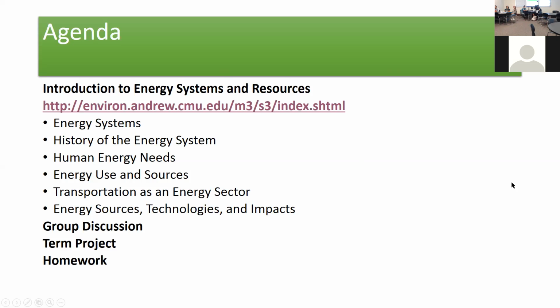Then we are gonna have a group discussion about some topics. I'm gonna try to clarify any questions about the term project that you have to do, and explain the homework that is due next week. Through the presentation there are gonna be a couple of videos that we are gonna see and hear, and a discussion about those videos as well.